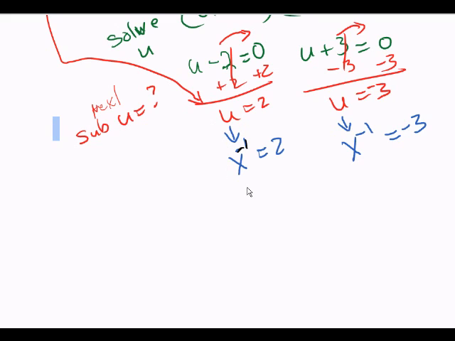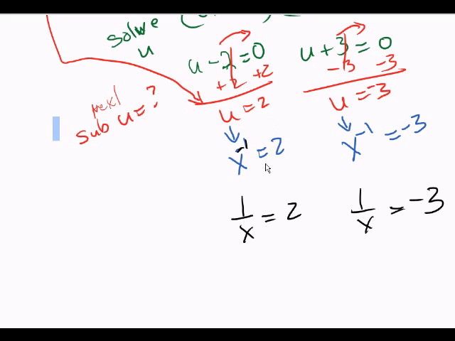Okay, but I don't want to know what x to the negative 1 equals. I want to know what x equals. Remember, the negative 1 says we're going to flip the x. The negative sign says flip the x. So we're flipping the x, and this is what we get.